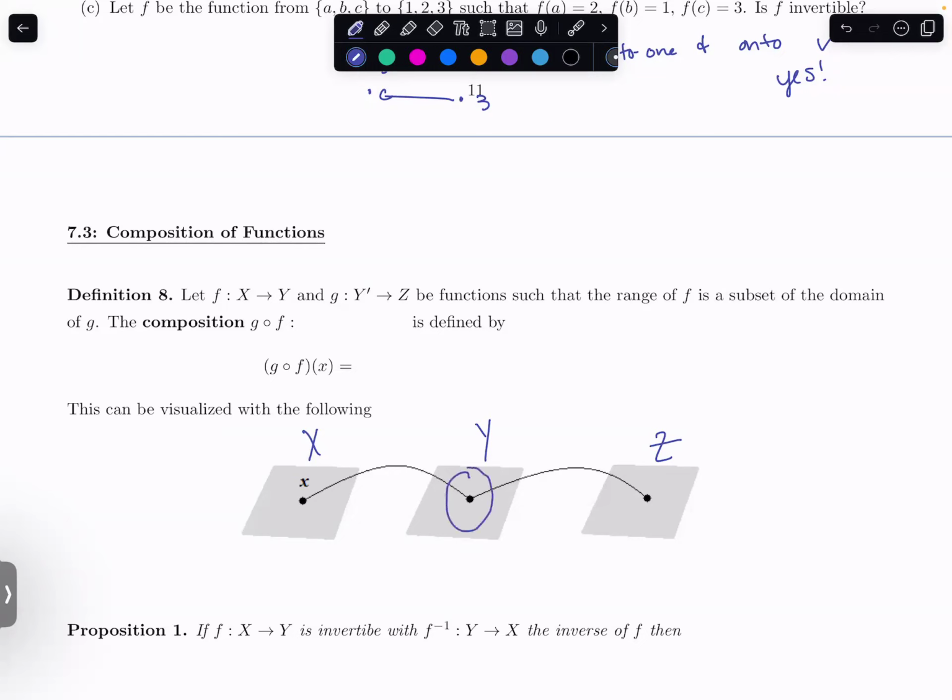So this is Y prime, I guess, and then there's a Y in here. But the codomain is just Y, so we'll just go with this. And then Y prime is sitting inside of here, and that's the domain of g. Oh, I don't know how to make that closer there. Okay.